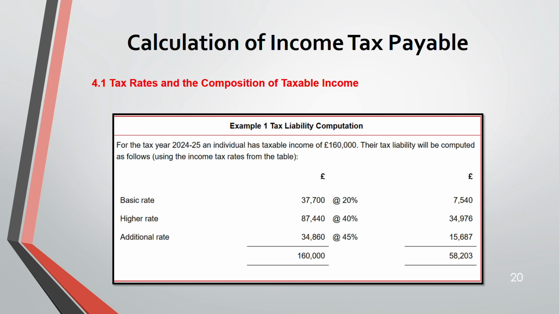So 37,700 at 20, the balance 87,440 at 40, and the excess, additional, is charged at 45. That is 34,860. You add all three and you get 58,203. This is your income tax liability.